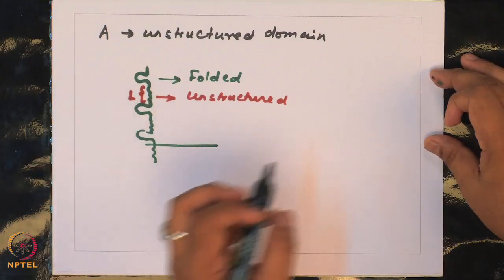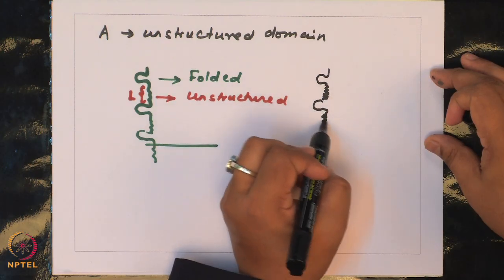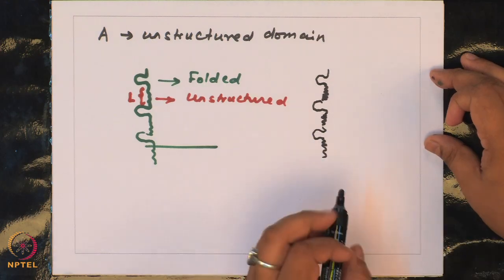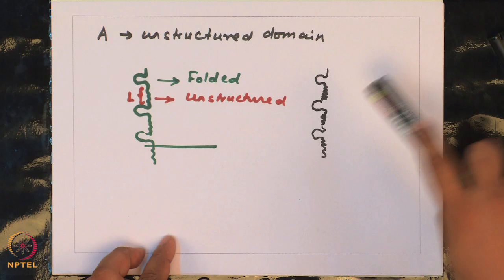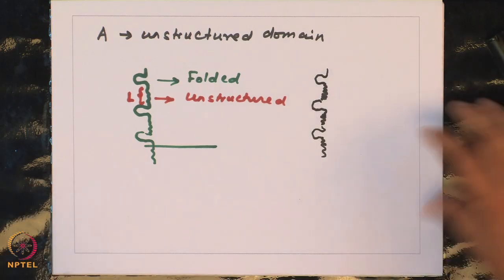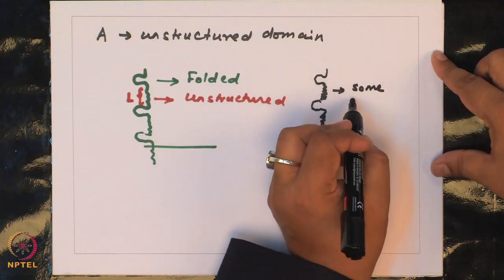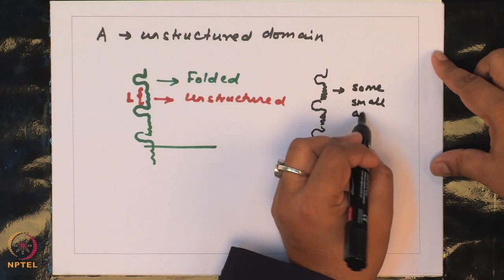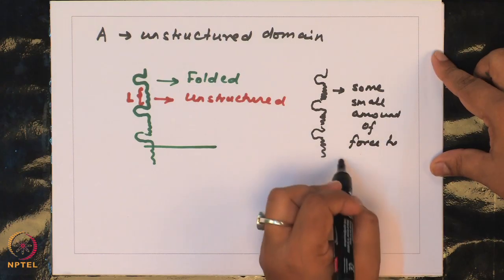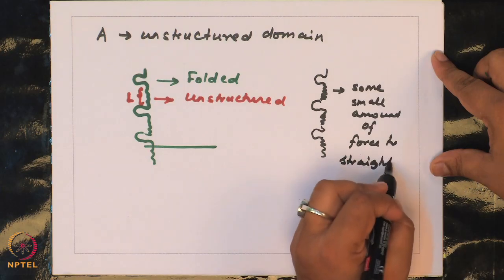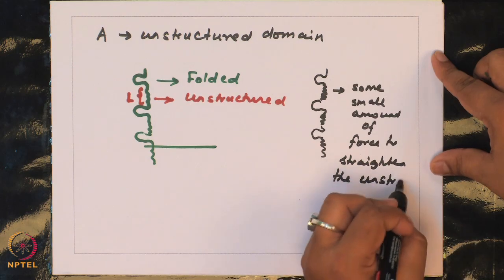The protein will not have a configuration exactly like this, but it will have a configuration probably in other words, it will still take little bit of a almost negligible force to straighten this particular domain. You would still require some small amount of force to straighten the unstructured domains.